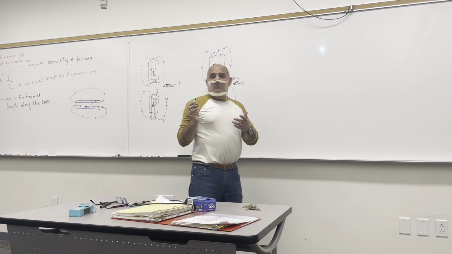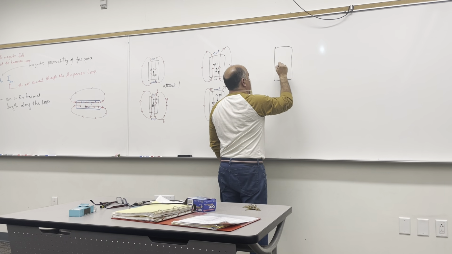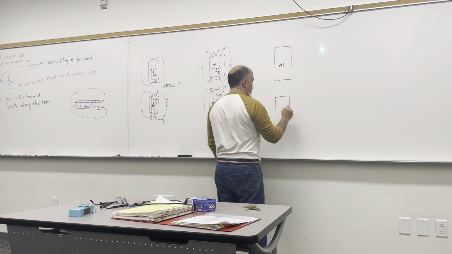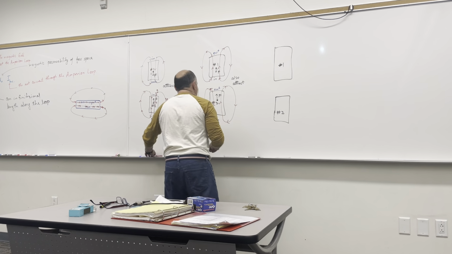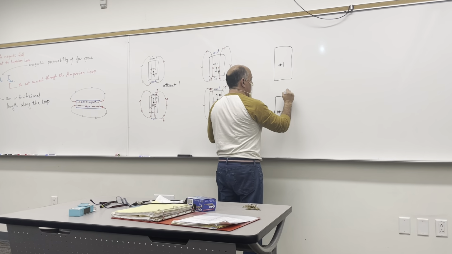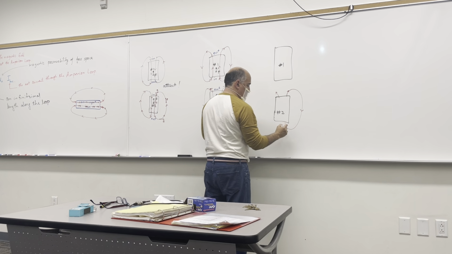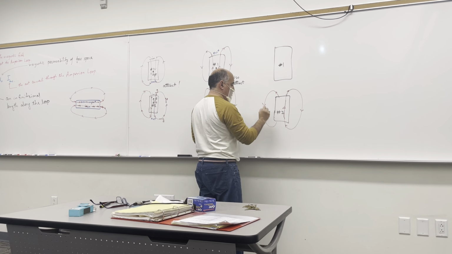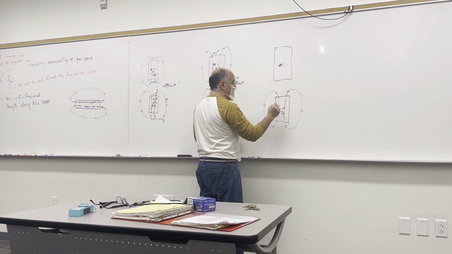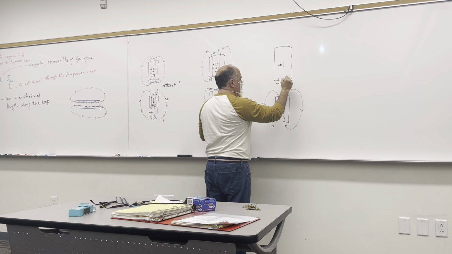One more possibility, or two more, but it's sort of the same thing, same result. Let's say this is magnet number 1, and this is magnet number 2. And let me draw the magnetic field coming out over here. So it goes like this. But over here, it also comes out.